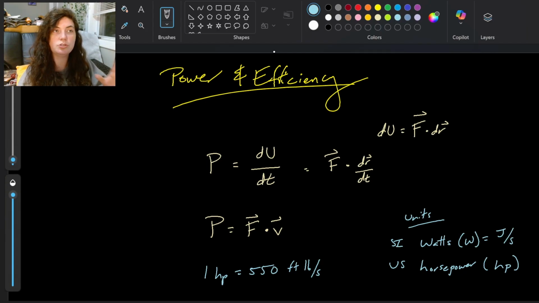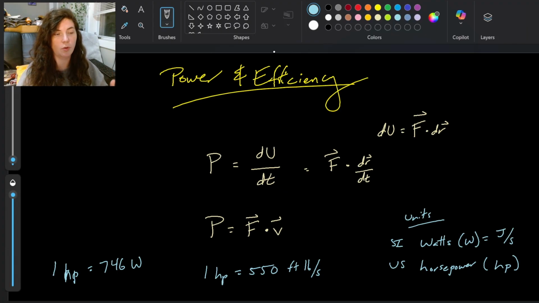And we can also shortcut, if we need to, converting between watts and HP, if we ever needed to convert between our SI units and our US units. 1 horsepower is 746 watts.